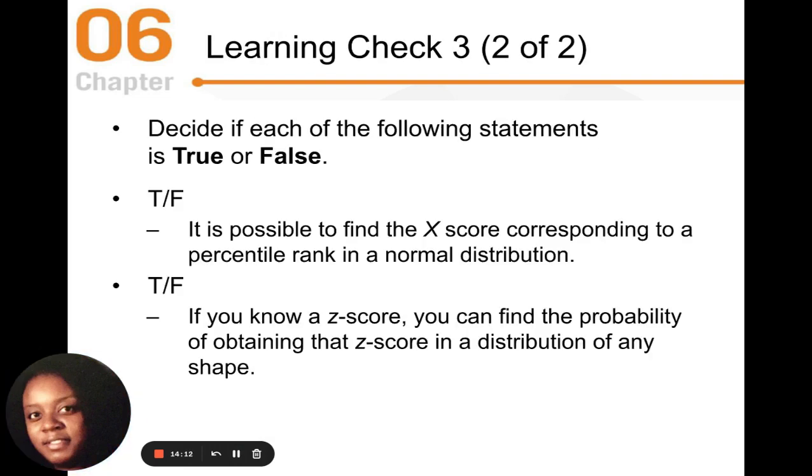Here's another one. True or false? It is possible to find the X score corresponding to a percentile rank in a normal distribution. And if you know a z-score, you can find the probability of obtaining that z-score in a distribution of any shape.